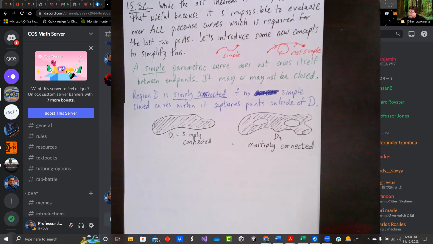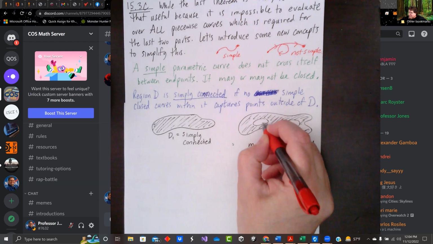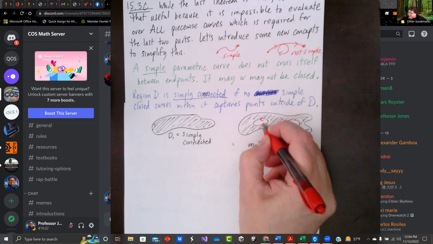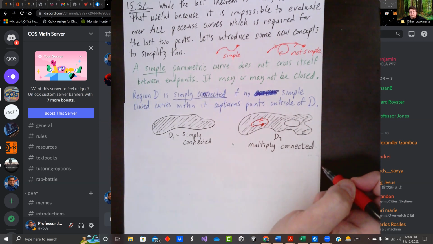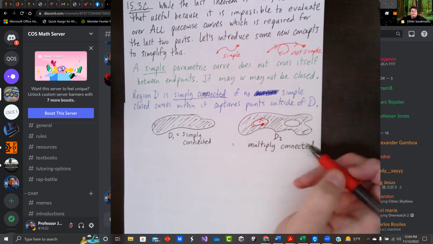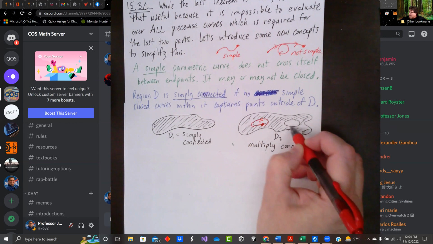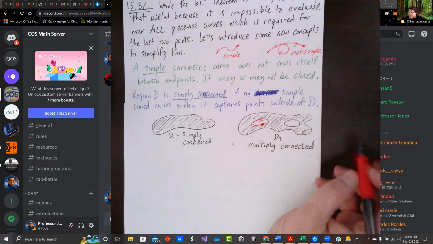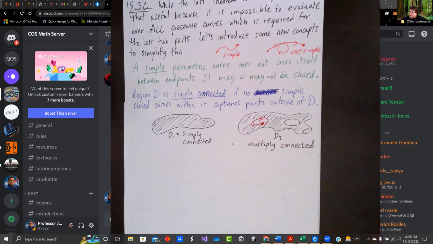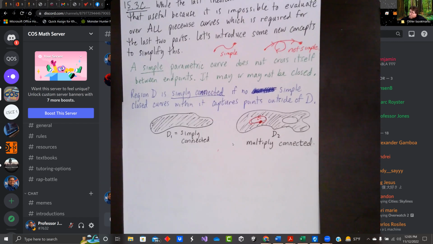This one, I could do a closed curve like this and start here and go around, and it captures points outside of it. So this is a multiply connected region. And we'll see how we deal with this in 15.4 when we have holes in our domain, our region.